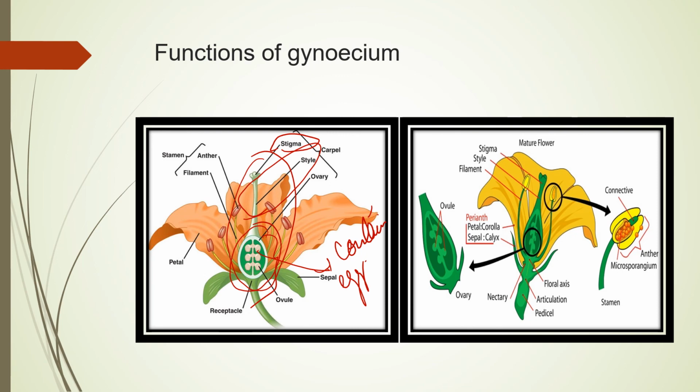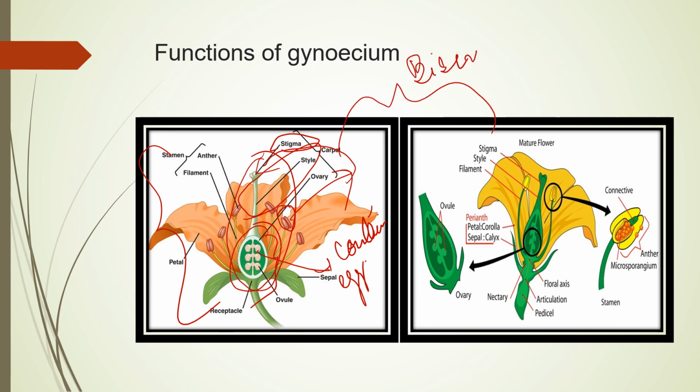Now we can see that this flower is a bisexual flower having both male and female parts. So from the anther the pollen grains will come and through air, through insects, they will come and fall on the stigma, and in that way the pollination will happen. So these two both are the examples of bisexual flower.